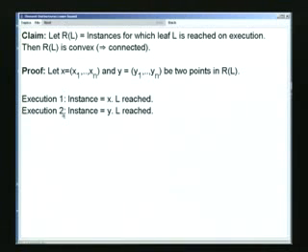In execution 2, I am going to start with y. Well, I know that for this point as well, L is reached. Again, that is because y belongs to R of L, which is nothing but saying that if I do an execution with my instance equal to y, I will reach that same leaf.